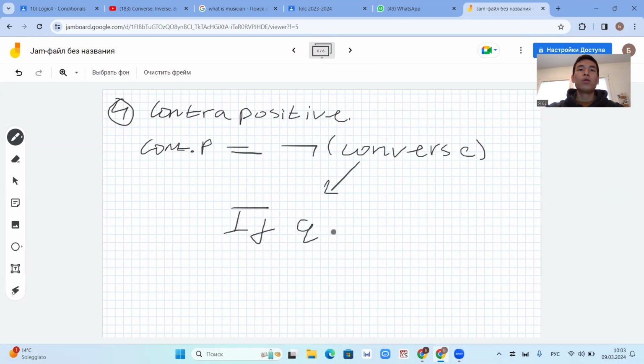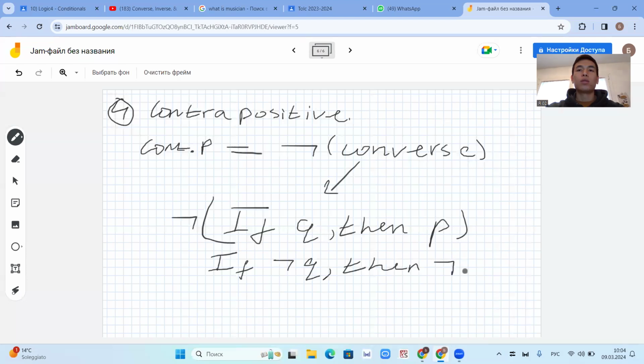If Q, then P. And then we have to negate it. It will be if not Q, then not P. So in our case, what will we write? If Q is living in Lazio and P is living in Rome, what will we write here?